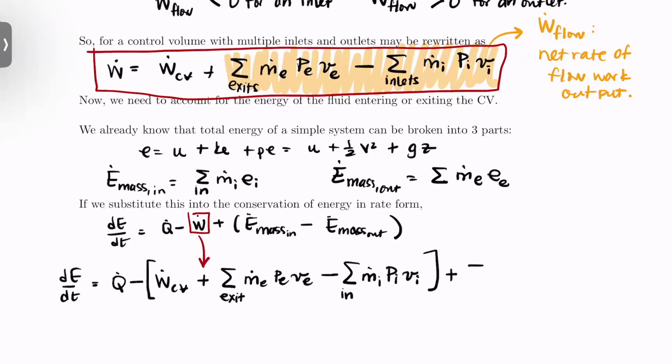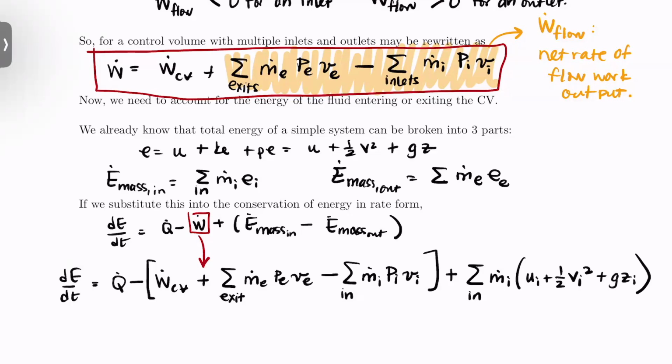And then I have plus the sum over the inlets of m dot i times my total energy of the inlet. So I have internal energy plus 1/2 vi squared plus g zi. These all mean the same things as before: V is velocity, Z is any elevation change that we have, and U is still our specific internal energy.